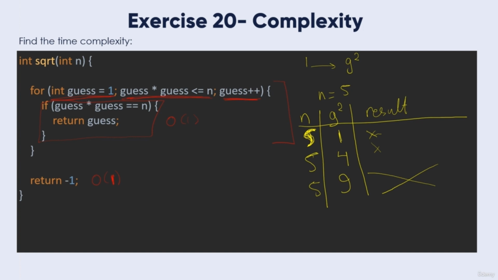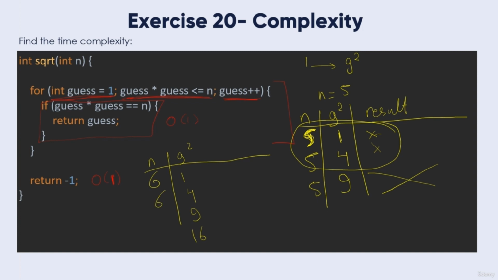Now, what we have done here, it will execute 2 times if n equal to 5. If n equal to 6, let me show you, and g square would be starting from 1, 4, 9, 16, because 4 square is equal to 16.